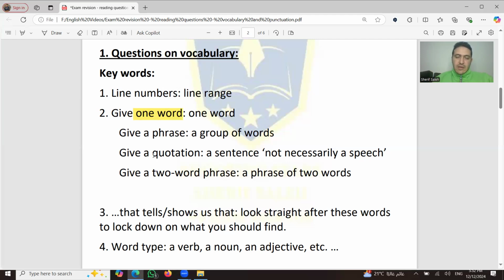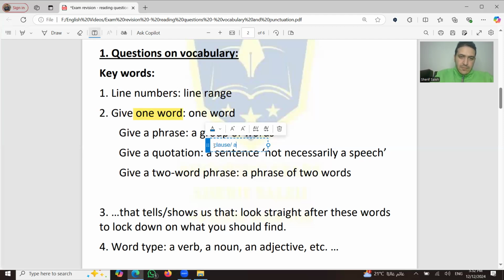One of the confusing words used in Cambridge English exams is give a quotation. We all know that a quotation is using speech marks, but this is not the case in reading questions. A quotation simply means a sentence. It could also mean a phrase or a clause. We will see this in the following questions.